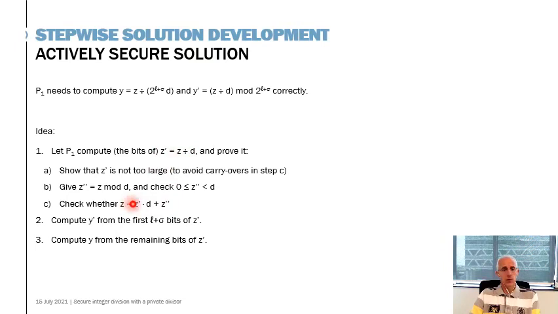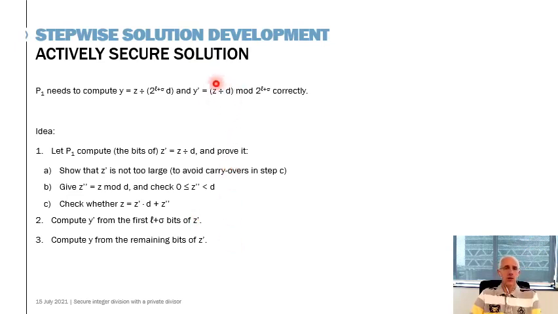For that, we want to avoid carryovers modulo our MPC modulo. So we also need to show that z prime is not too large. But if we combine those three steps, we can assure that P1 computes z prime correctly, and given that, we can compute within the MPC framework y prime and y from z prime.